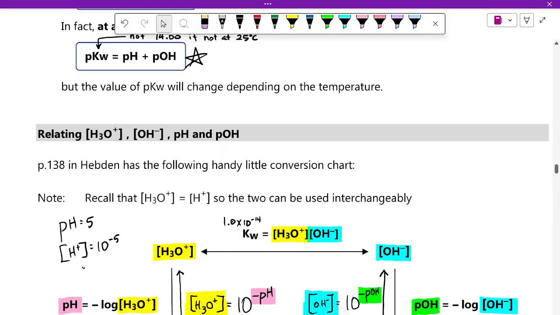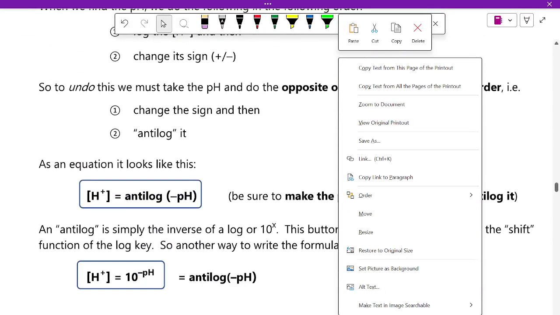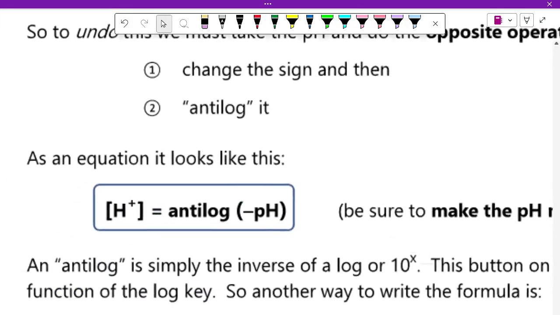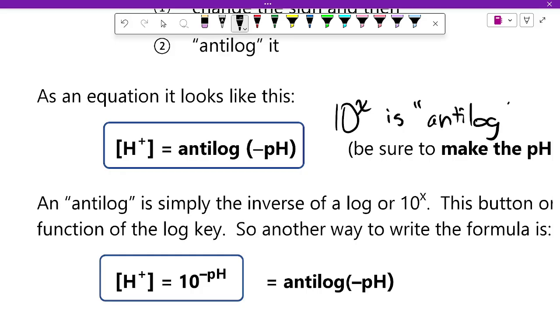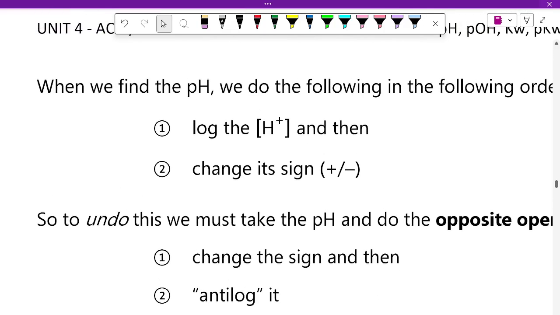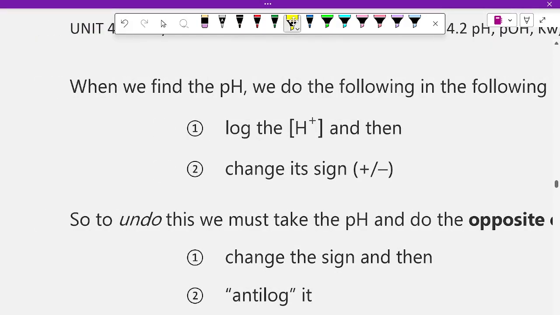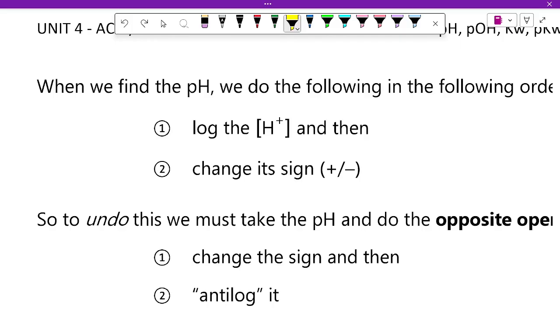Now, this 10 to the negative pH business is also known as antilog. I'm introducing this to you because you should be aware of the terminology. Basically, if we find the pH, we log the H, and then we change the sign.